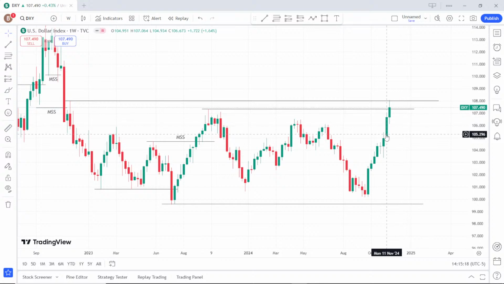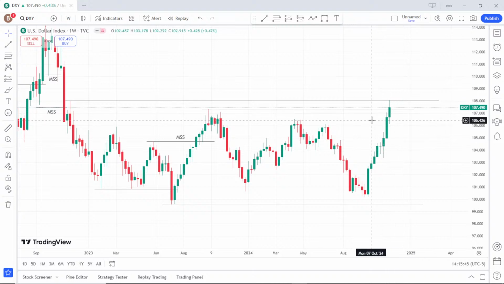Now, we're going to be working from the 1 week. I'm going to be taking the last 2 weeks, and then we'll be working it down. And I won't be working on the DXY because I don't think any of you trade the DXY, so I'll be working it down on the euro.